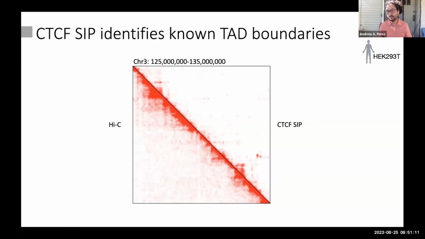And that's because we assume we're enriching for the actual point of contact on CTCF. And we also get these off-diagonal long-range interactions. And so we were intrigued by this, and we went looking for other examples of this.